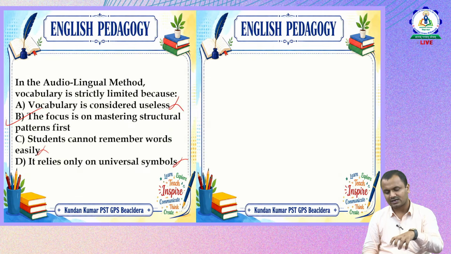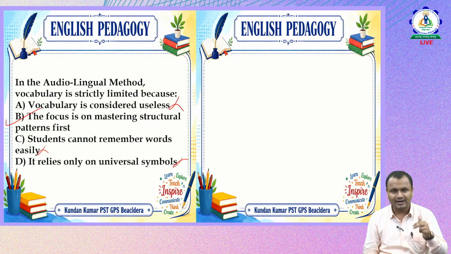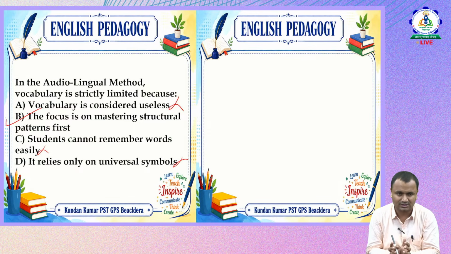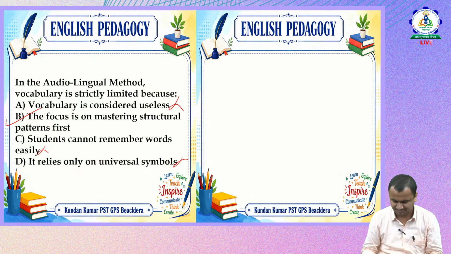These are the patterns of sentences to be used in the classroom, in the principal's room, in the battleground. So we master the vocabulary related to a particular, very narrow contextual area. That's why we say that students who learn the language through the audiolingual method have very limited or strict vocabulary.